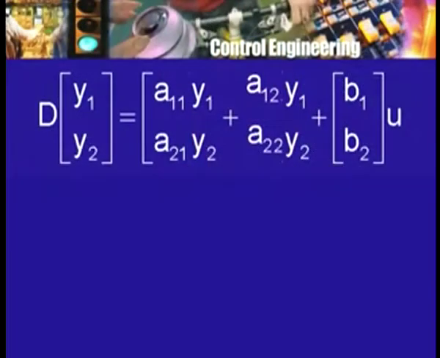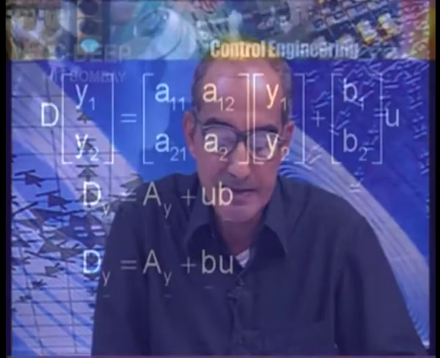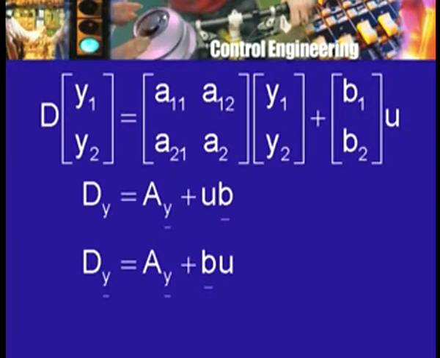For example, dy1 is equal to a11 y1 plus a12 y2 plus b1u, dy2 is equal to a21 y1 plus a22 y2 plus b2u, or by thinking of the two, y1 and y2, together as components of what is called a vector, I can write this as D acting on y1 y2 equal to a matrix, a11 a12 a21 a22, acting on y1 y2 plus b1 b2 multiplying u, or u multiplying b1 b2.